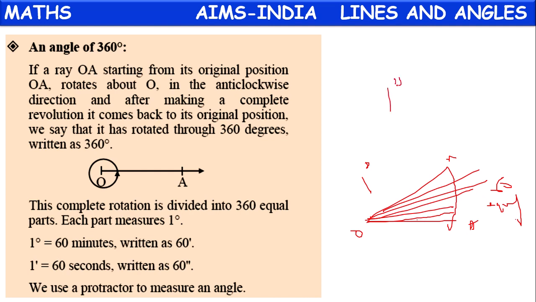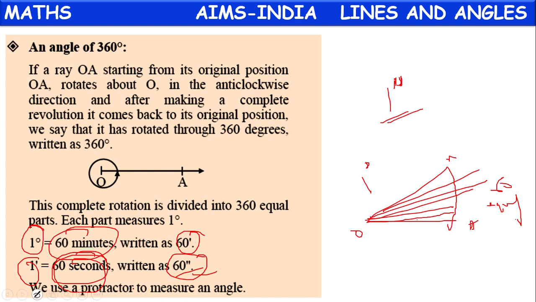So 2 lines, like double quotes, in the exponent we have to keep 2 lines like double quotes, then it is called a second. So 1 degree equals 60 minutes, 1 minute equals 60 seconds.